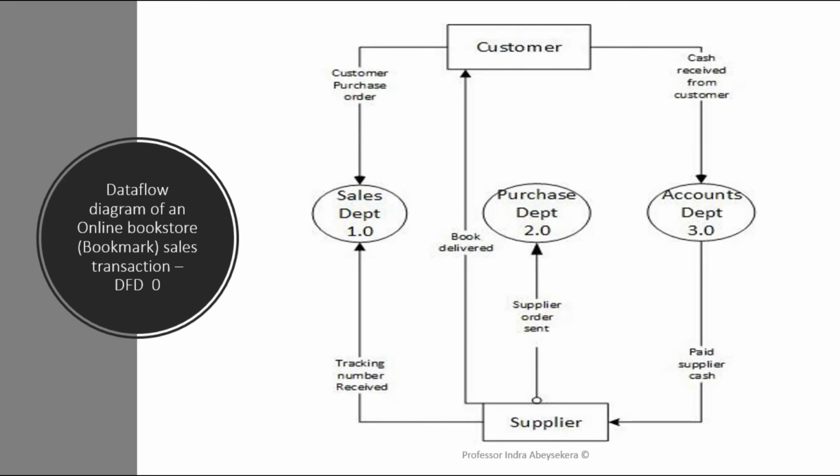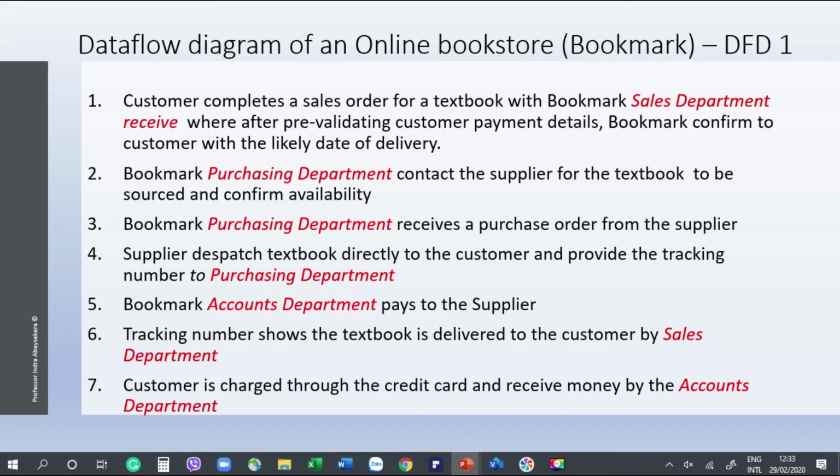We can get to further details, for example the sales process, purchase process, accounts process can be detailed out into sub processes with additional information in hand. So let's look at the next level of details.